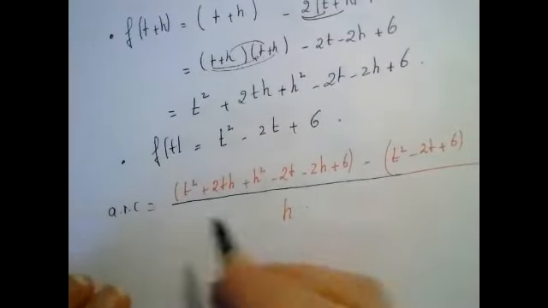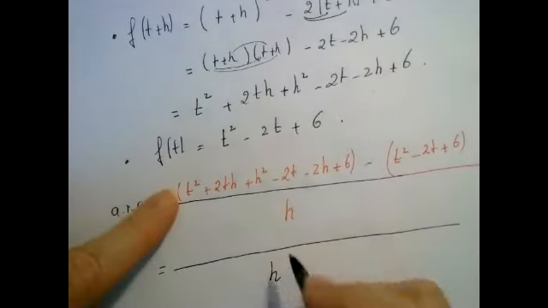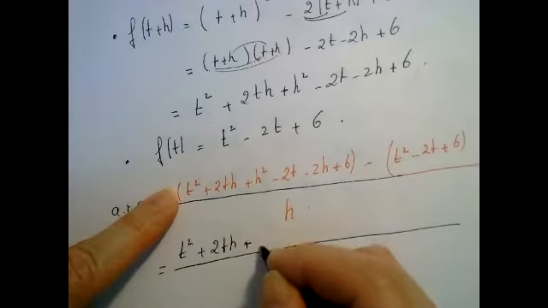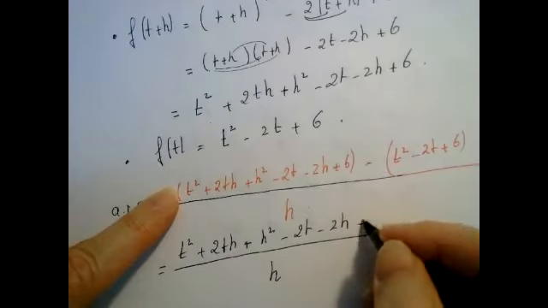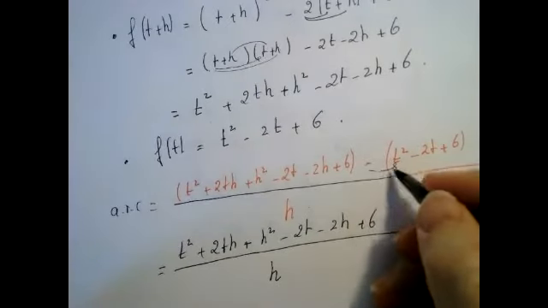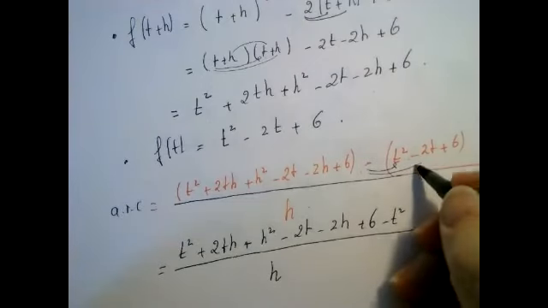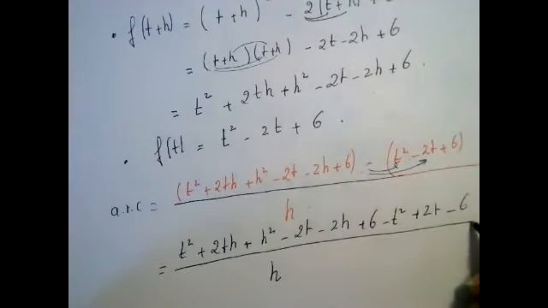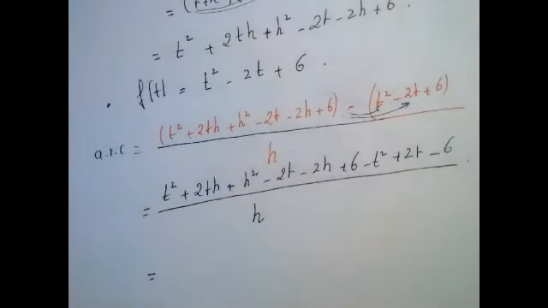All right? And now what we have to do is, of course, simplify as much as we can. So I will have t squared plus 2th plus h squared minus 2t minus 2h plus 6. Now I distribute the minus: minus t squared plus 2t minus 6. Now I get rid of what I can get rid of and see what I end up with.